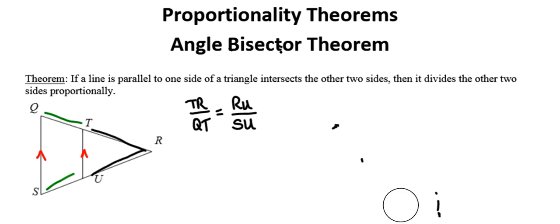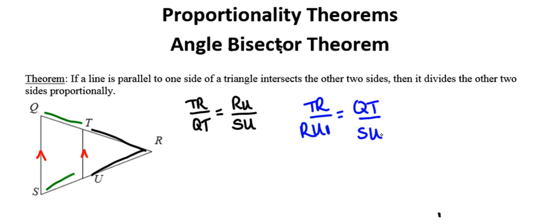Now that's one way of writing the proportion. We could have also written the same proportion as the comparison between side TR and RU is the same as what we get when we compare side QT and side SU.